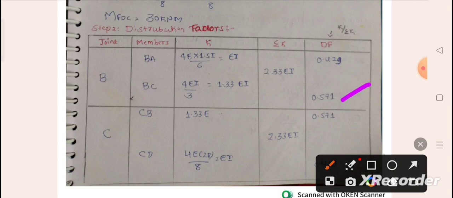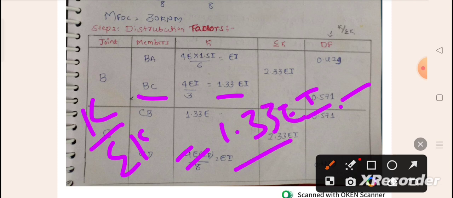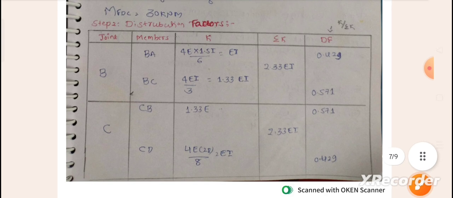How will we get this value? What is the formula for distribution factor? K by summation of K. For this BC span, what is the K value? That is 1.33EI divided by the summation of K, which is 2.33. If we solve this, we get 0.571.